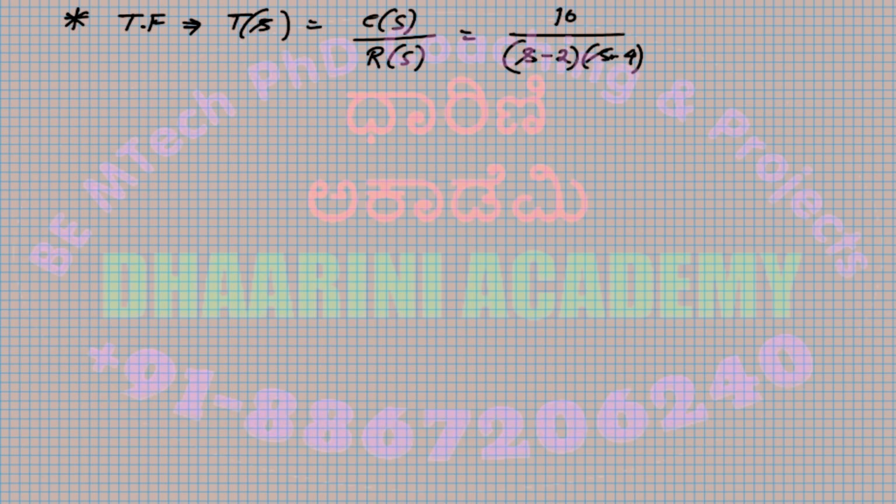I'll just make one change, not both. In the previous case it was 10 by S plus 2, S plus 4. One of them I changed to minus.